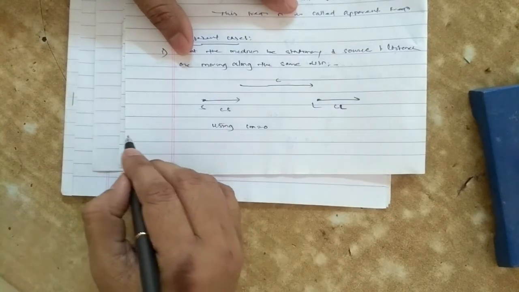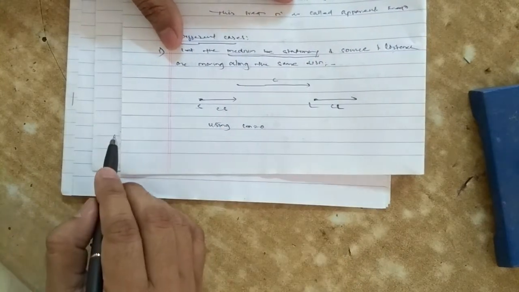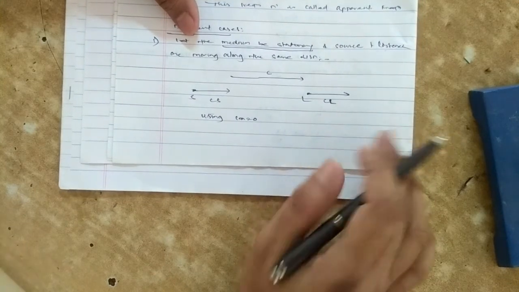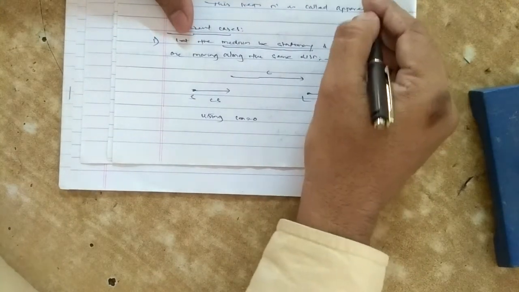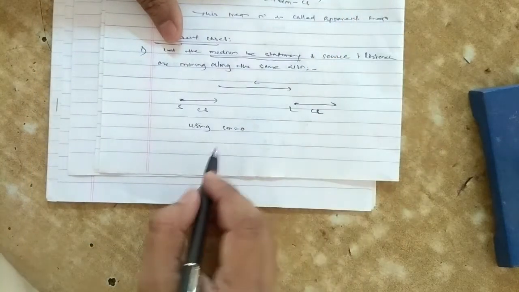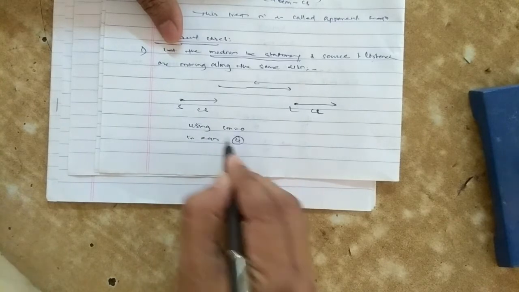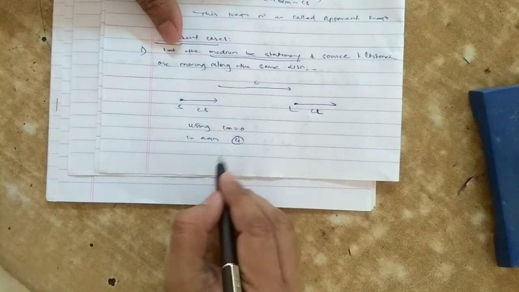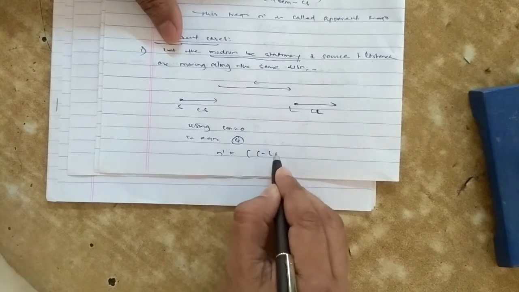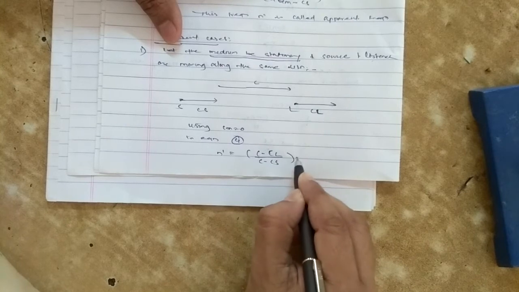Using Cm is equal to 0. Why is Cm equal to 0? Because the medium is stationary. For a stationary medium in equation 4, we get the apparent frequency as n prime is equal to (C minus Cl) upon (C minus Cs) into n.